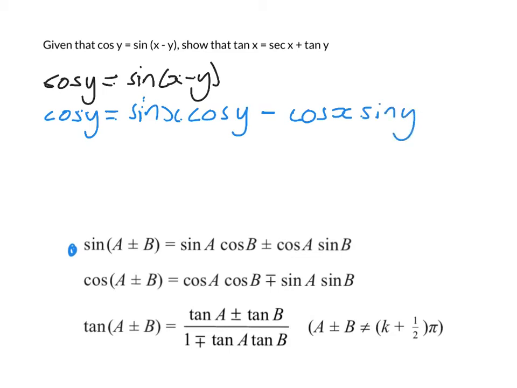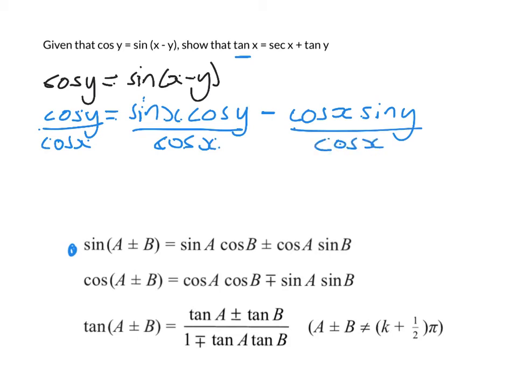Well, I'm going to divide everything through. Now, I know I want tan x here. I'm looking to make tan x. So I'm going to divide everything by cos x and see what happens. Let's switch to a different colour to make it a little clearer.